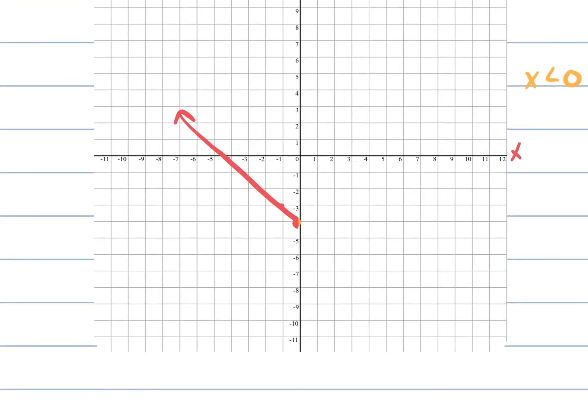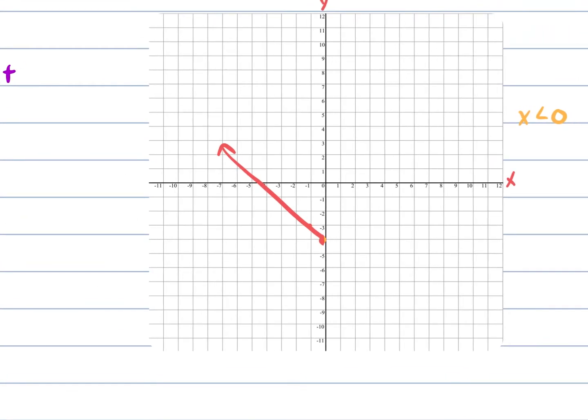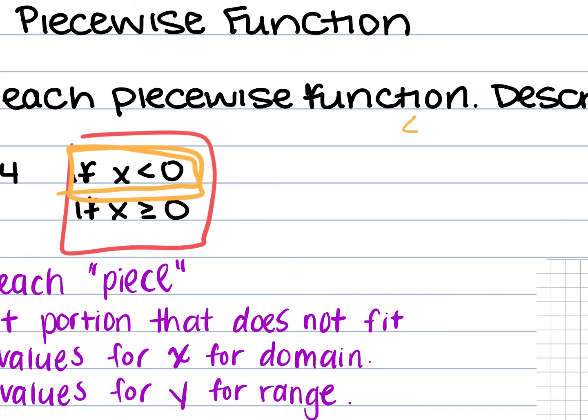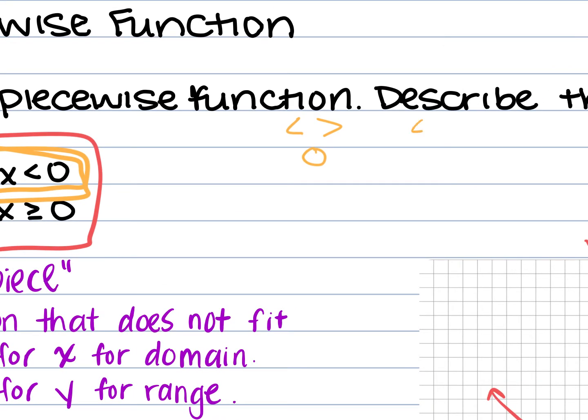And then the very last step for this piece is if we have a less than or greater than, at that point, we put an open circle. If it's a less than or equal to or greater than or equal to, we would put a closed circle. So for this point at 0, is it going to have an open circle or a closed circle?